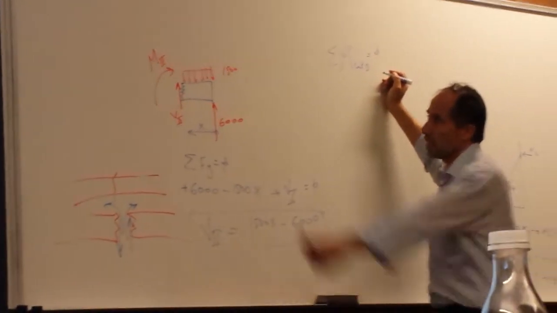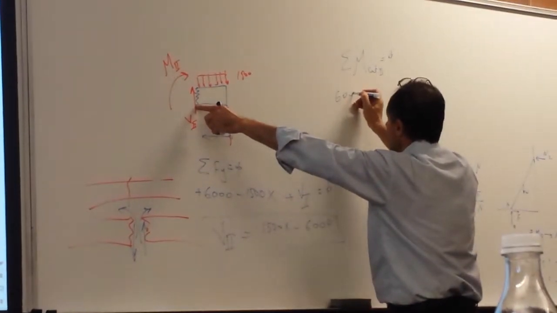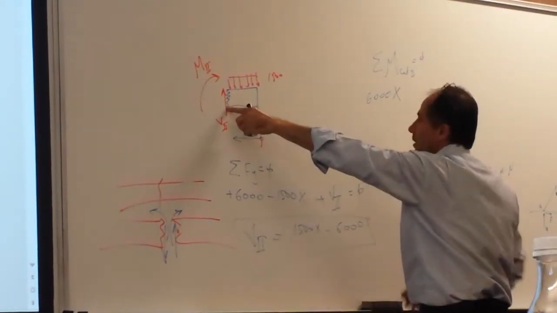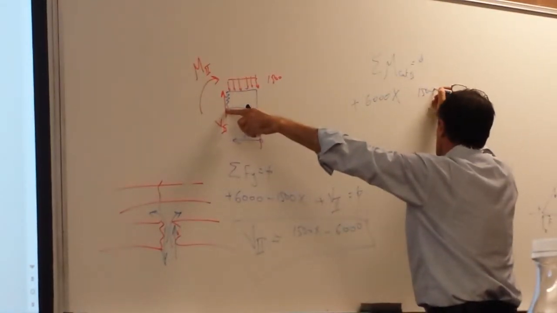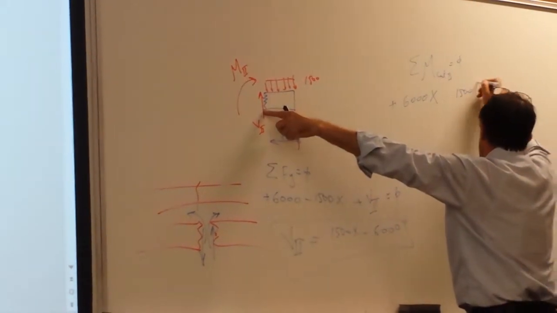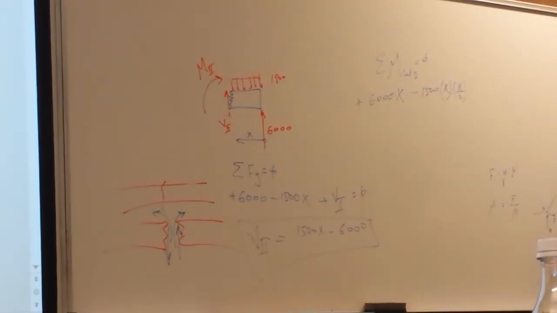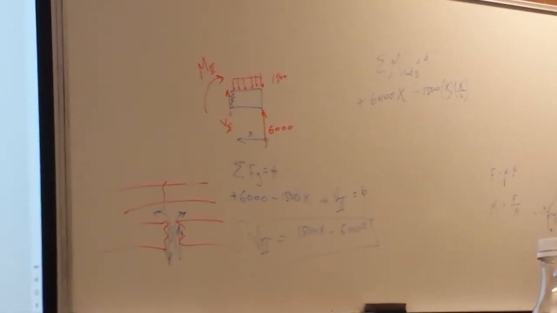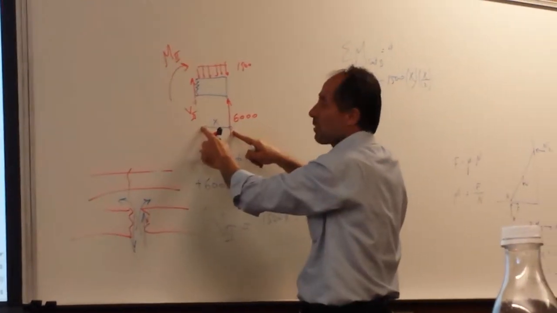Put your finger at cut 2 right in here to see how the rotation is. I have the 6,000 times x positive. Correct? 1500 times x over 2 is negative. Can you see that? Everybody? Your finger is here, this is 1500 times x, the force.